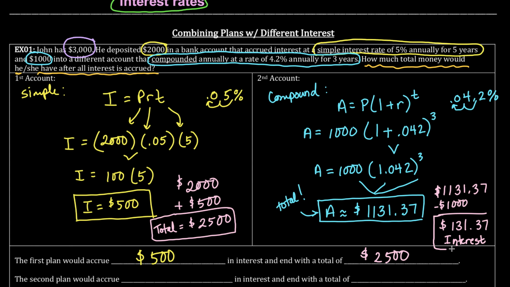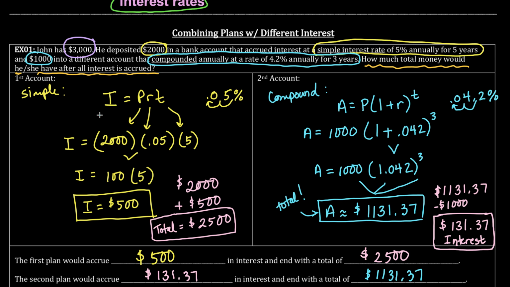This is our interest this time. So the interest was $131.37, and it ended with a total of $1,131.37.